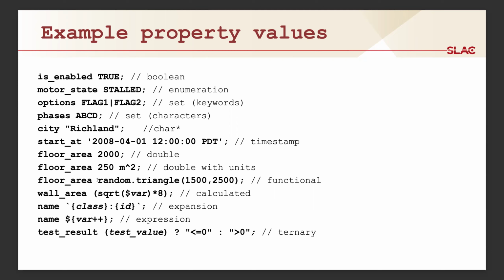Another way of setting a double is to use a distribution, sampling a distribution. In this case, this is what's called a functional, and we'll talk more about functionals in a bit. But what happens is that the value obtained by sampling this triangular distribution is set directly into the floor area itself at initialization, and it's never changed after that.